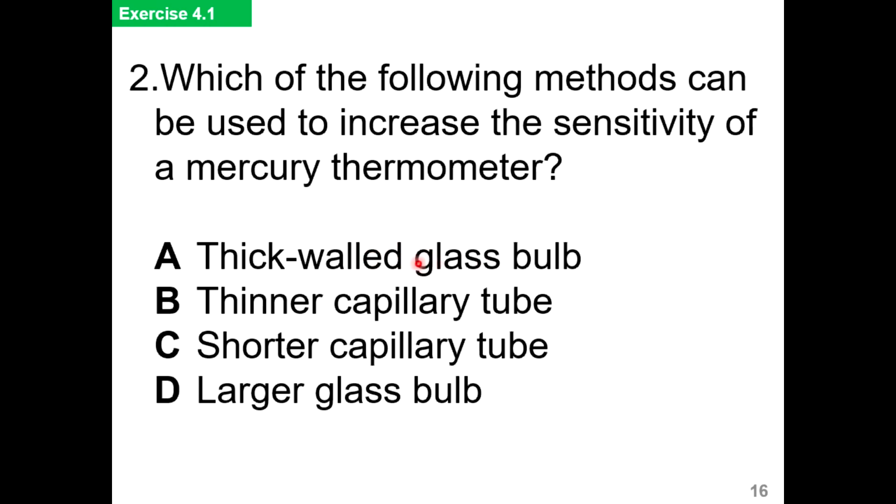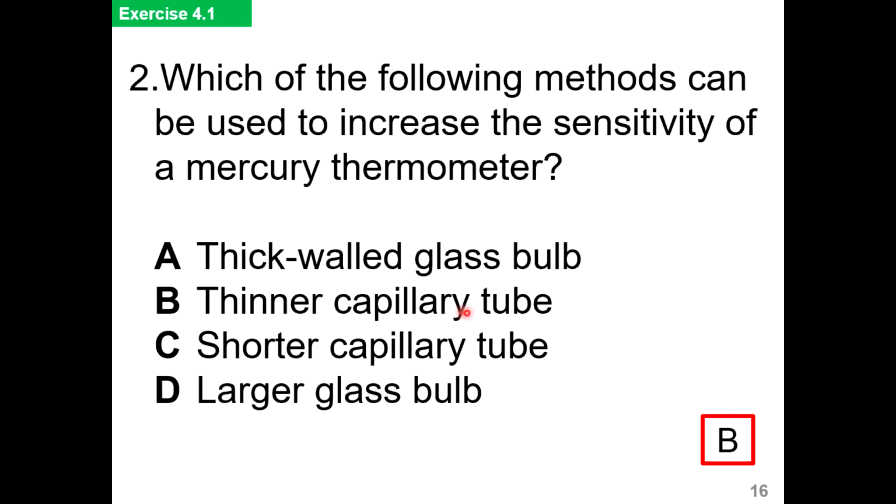If the glass bulb is thicker, more heat will need to travel through the glass bulb to increase the temperature. So the thermometer will not be that sensitive if you use a thick wall glass bulb. Thinner capillary tube. Yes, this is the answer. All right, thinner capillary tube.